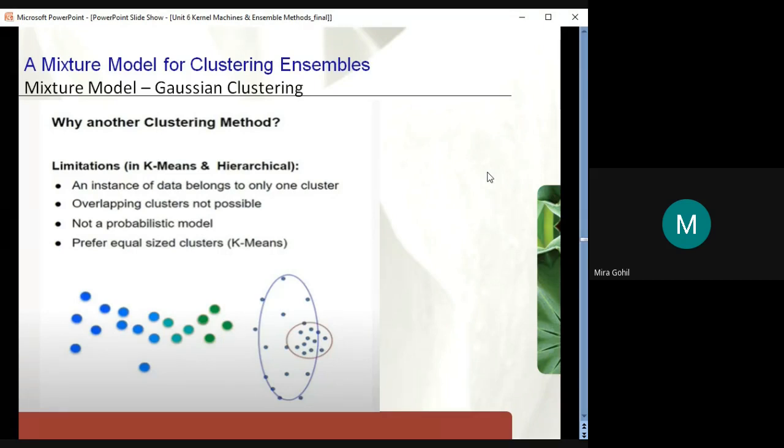K-means और hierarchical में क्या limitations हैं? So the limitation ये है कि first of all, the instance of data belongs to only one cluster. That is the first limitation.